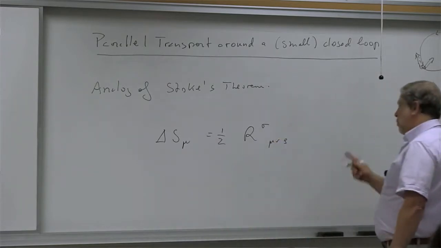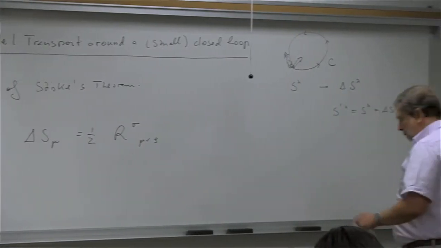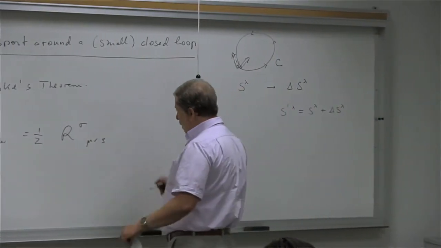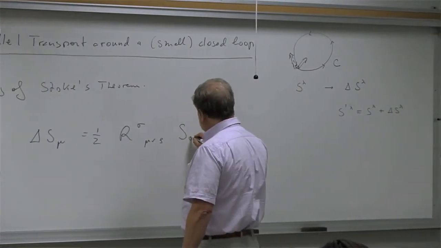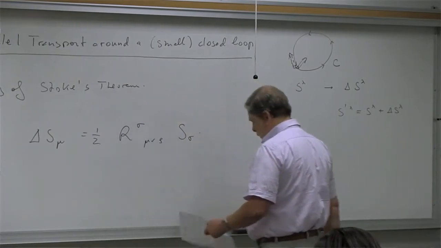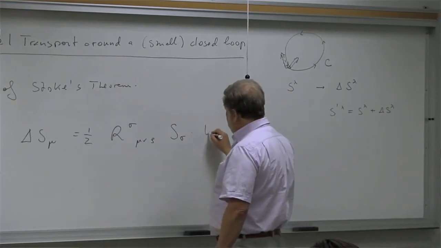Indices in this combination, again, it is useful to have the first index upstairs, times S sigma, and then times U rho nu.